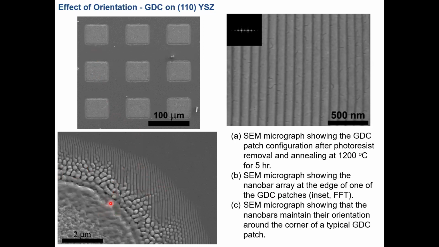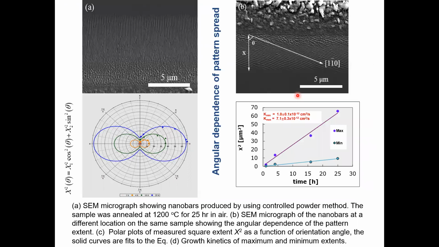You can see that from the source, you're forming oriented nanobars. If you take a closer look, it looks something like this. Very regular, about 90 nanometers in width with tens of nanometers of space between the nanobars. So this change in the orientation gives this nanobar type structure.